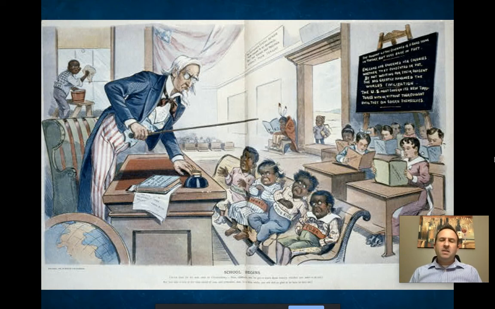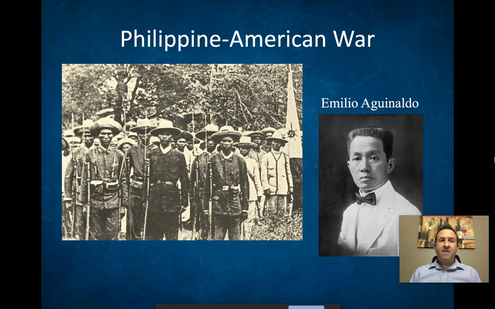The thing is, the Philippines were not happy we were there. In fact, like Cuba, the Filipinos had been fighting an insurgent warfare for years, trying to get rid of the tyrannical Spanish. They wanted their independence too.